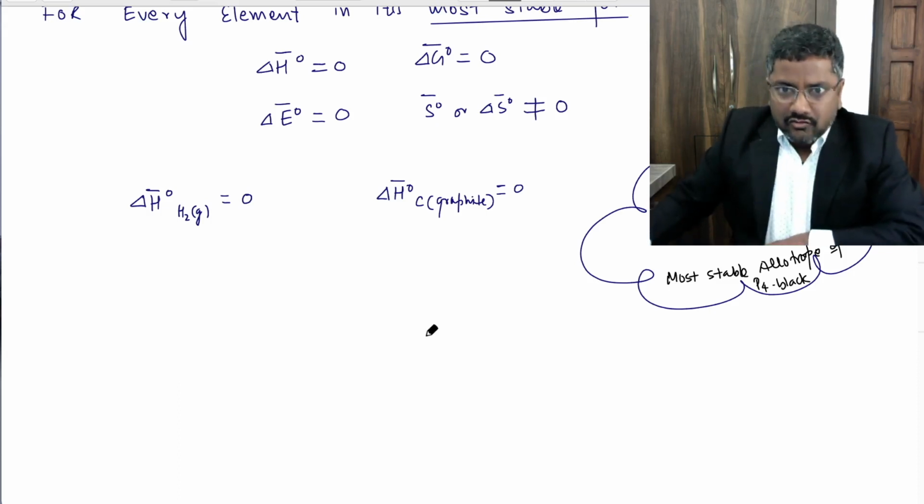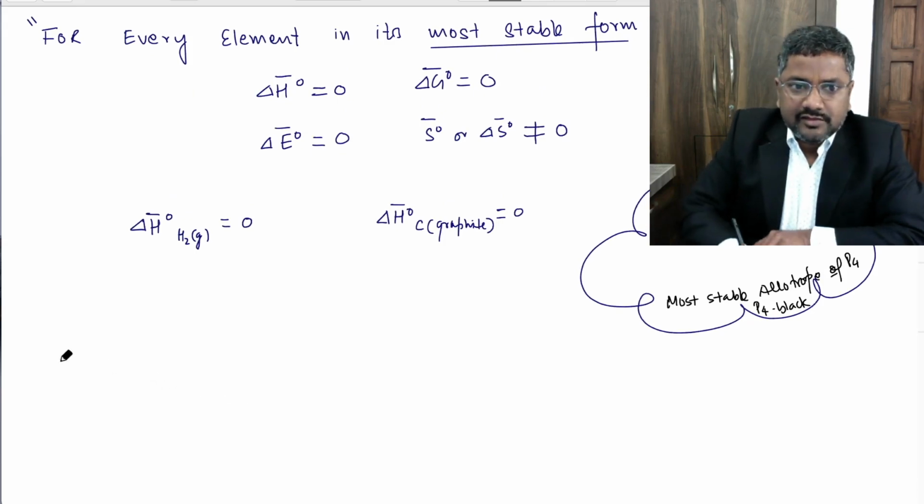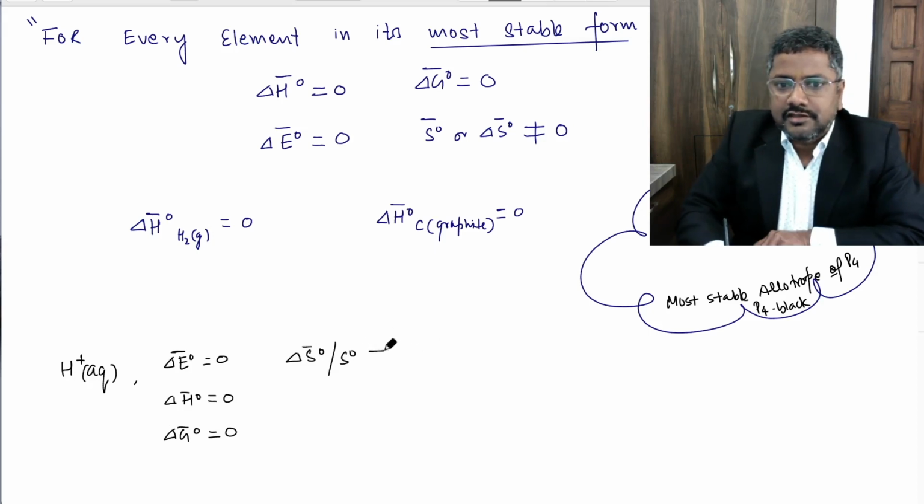right? One more thing I would like to mention here, that for H plus aqueous, this is again a convention, delta E naught is equal to 0, delta H naught is also 0, delta G naught is also 0, and delta S naught or S naught, what is this?